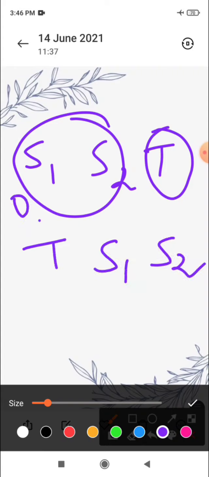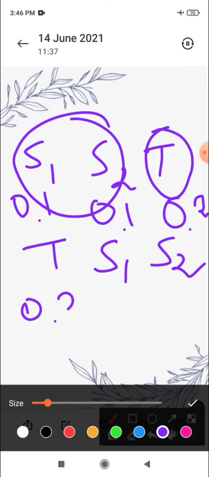Suppose this is 0.1 ml, this is again 0.1 ml, then the test drug should be 0.2, then 0.2 again.